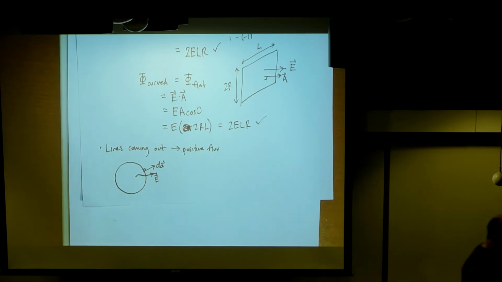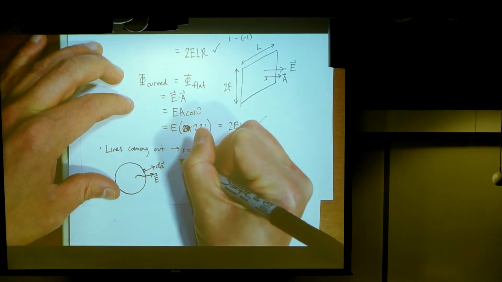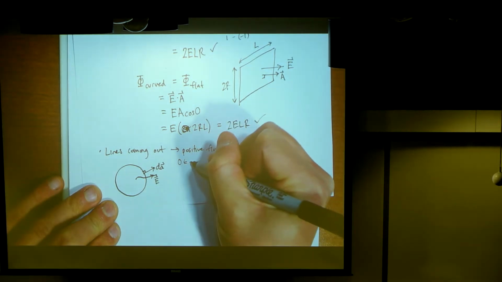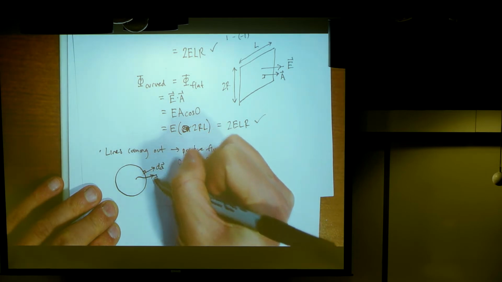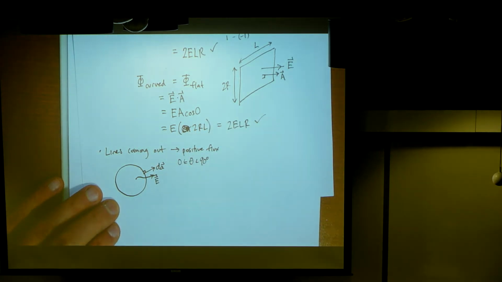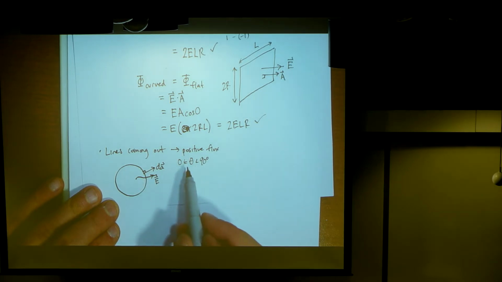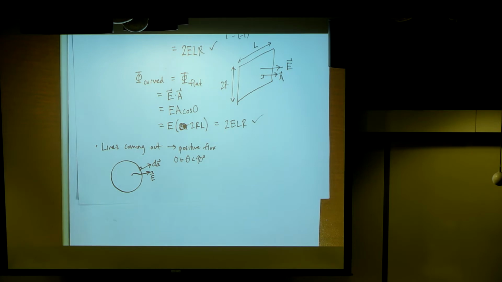If the E field line is coming out, the angle between those two vectors can be as small as 0, and then it can be as large as 90 degrees, where it's just barely grazing the surface, but still coming out, okay? So if I have an E field line coming out, my angle between these two vectors is somewhere in this range. And you tell me, when I take cosine of an angle in this range, what do I get?